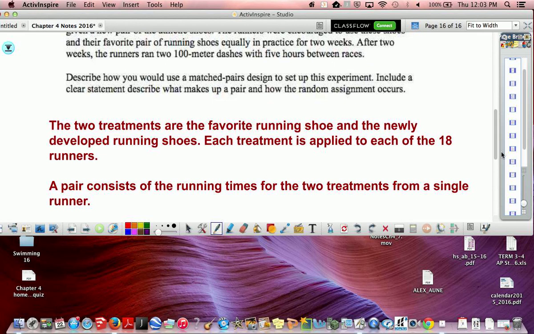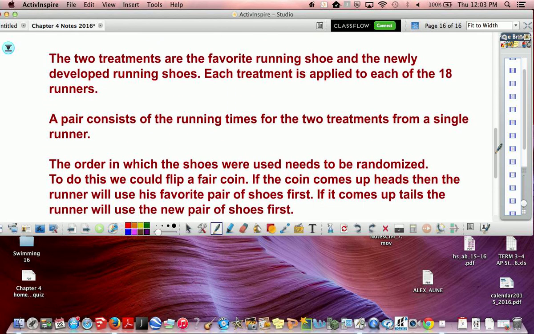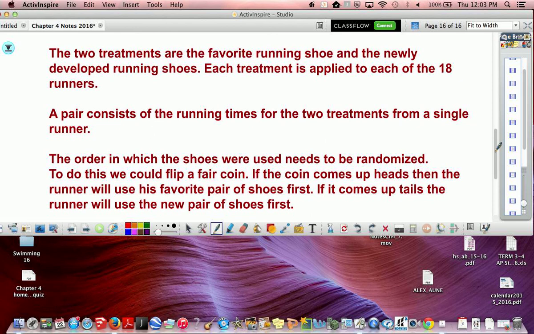So now, what do we have to randomly assign? We have to randomly assign which shoes are used first. So you gotta determine, does the runner run in the new pair first or their favorite pair first?